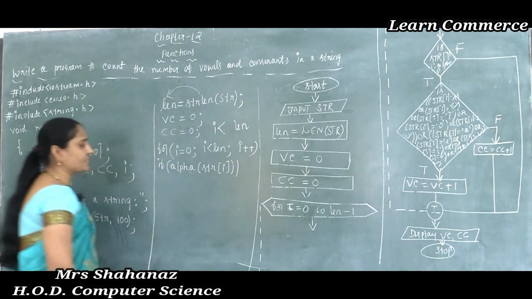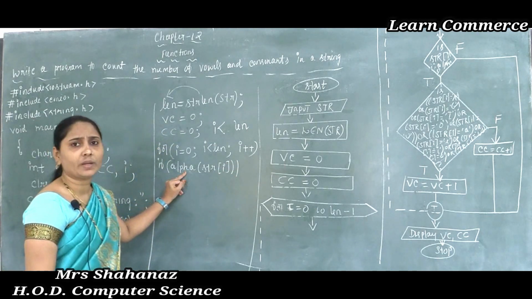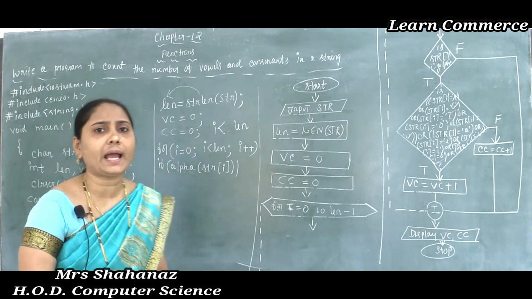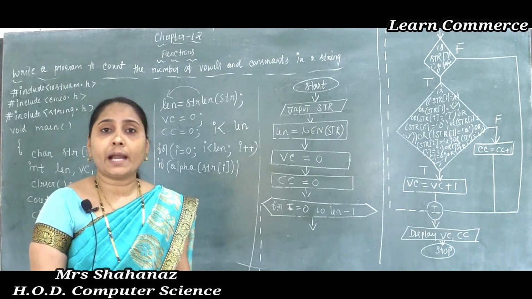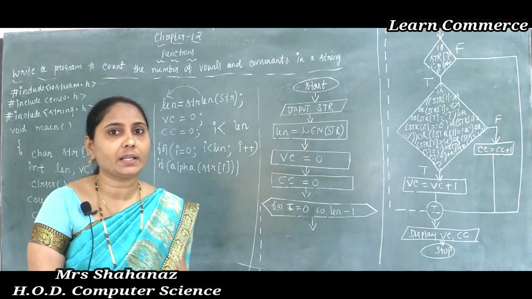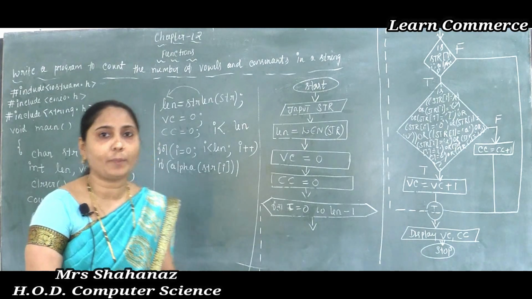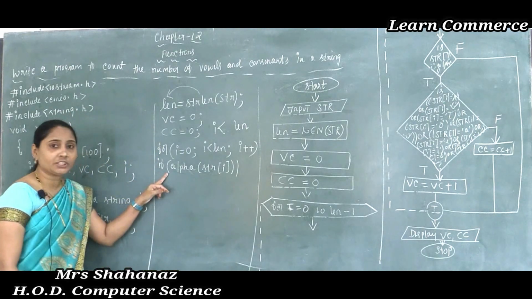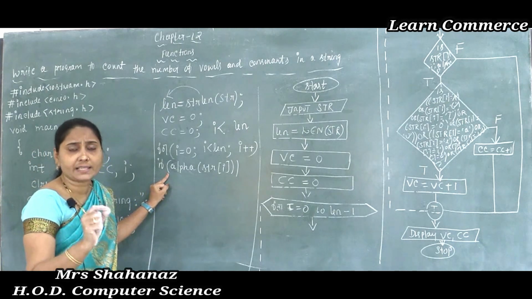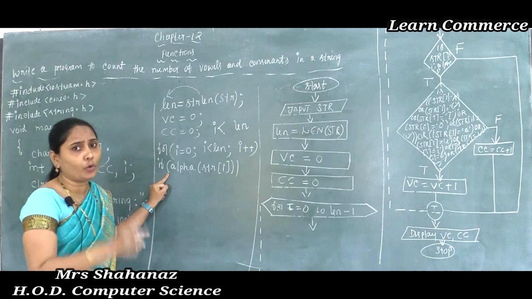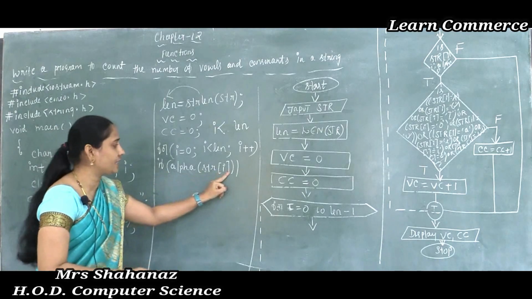What's the meaning of this? As we know, in our character functions, one function name is isalpha. It checks whether the character is an alphabet, yes or no. Checking whether the character is an alphabet.